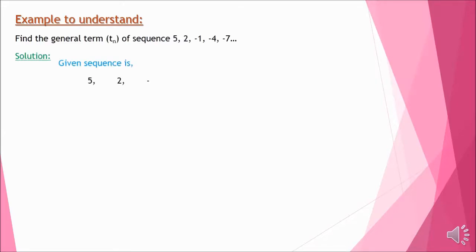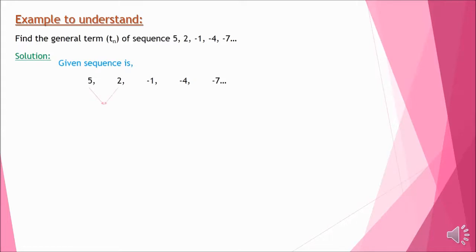Now, another example to understand. Find the general term of the sequence. Its solution. The given sequence is 5, 2, minus 1, minus 4, and minus 7.